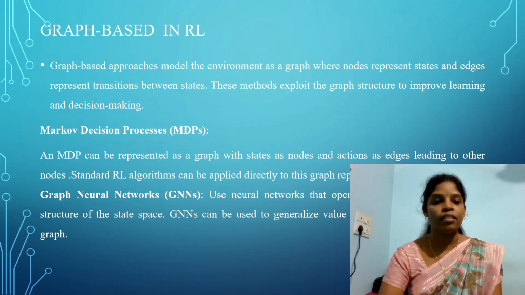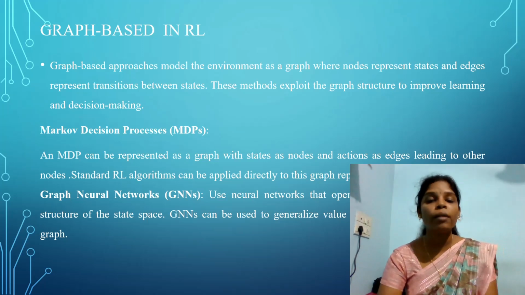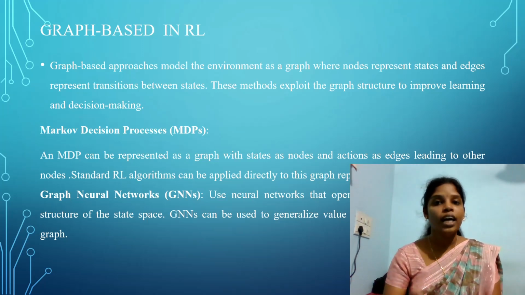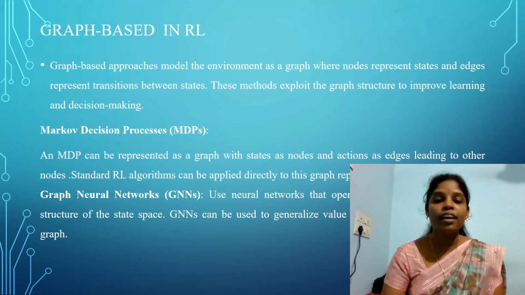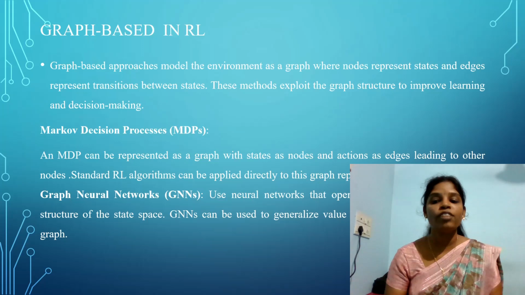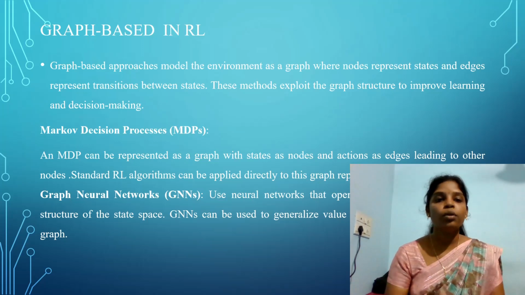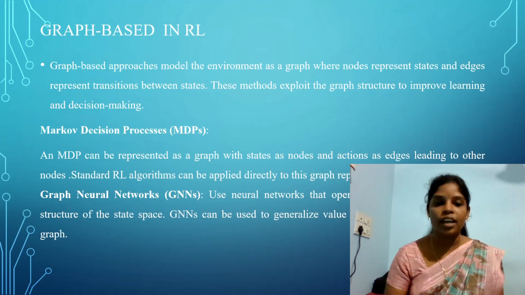Next is the GNN method. What is it? A graph neural network combines neural networks to optimize the graph and construct the state space. GNN can be used to generalize value functions and policies over the graph. So these are all called graph-based methods: first the MDP and then the GNN. We use these two methods on the graph representation, with nodes and actions, and edges, so that standard algorithms apply directly.